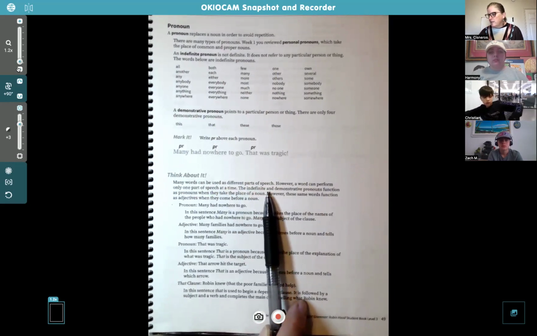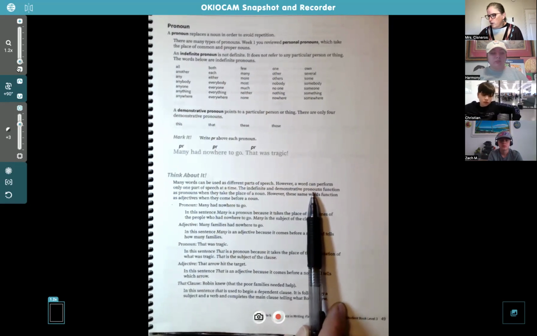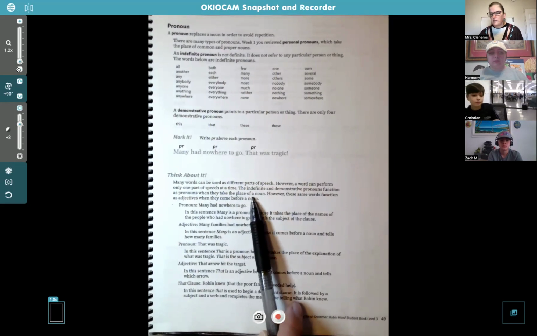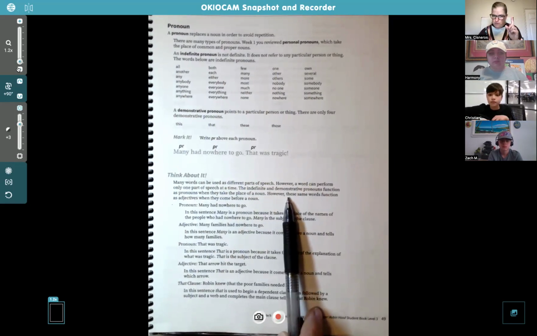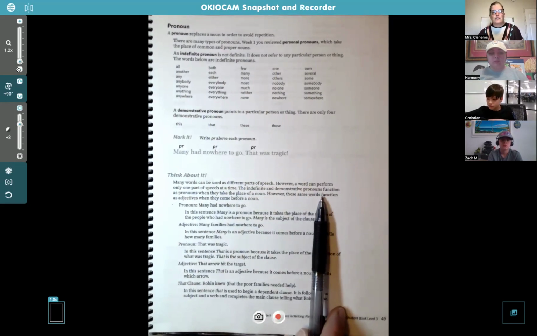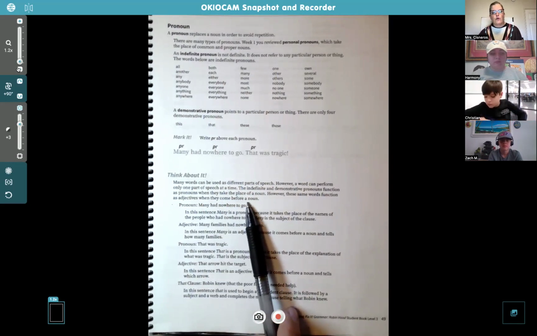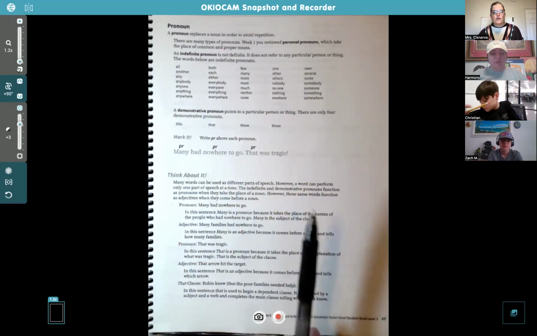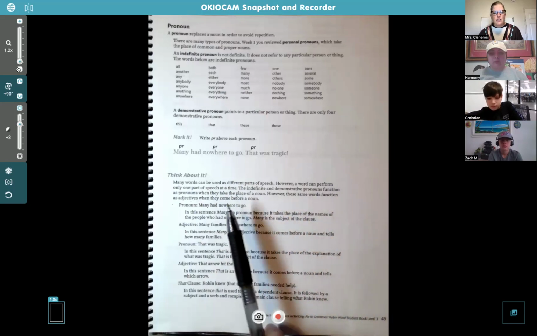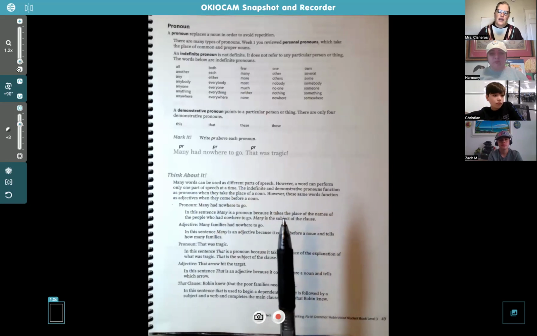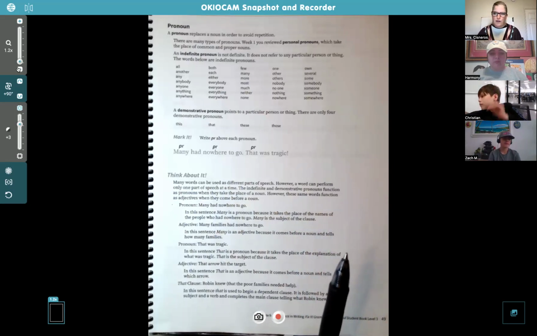The indefinite and demonstrative pronouns function as pronouns when they take the place of a noun. However, these same words function as adjectives when they come before a noun. So some of these words, like the word many, you're going to see here, can be a pronoun or it can be an adjective. It depends on where it is in the sentence.